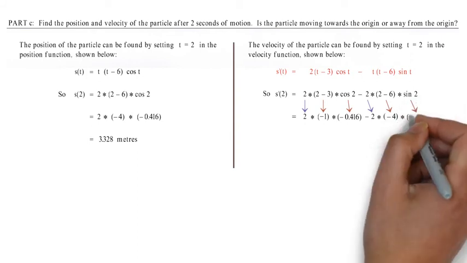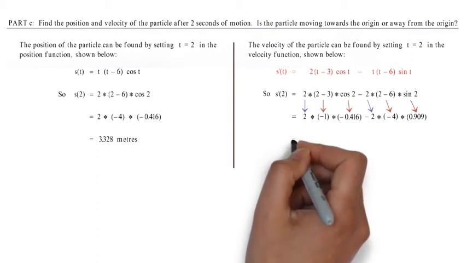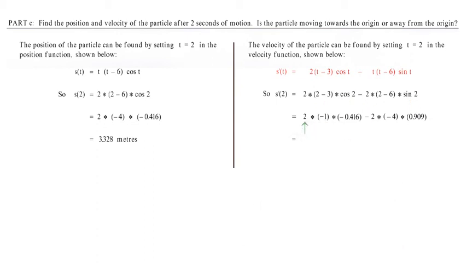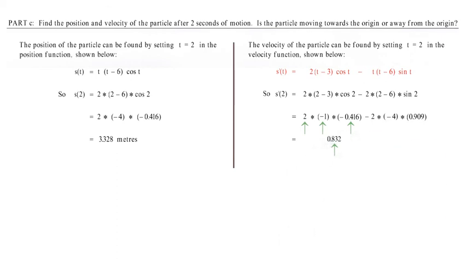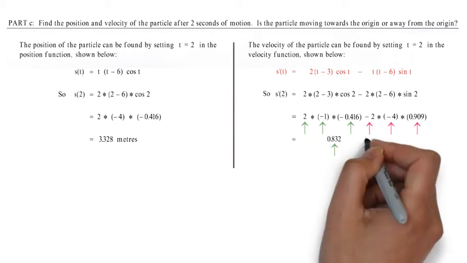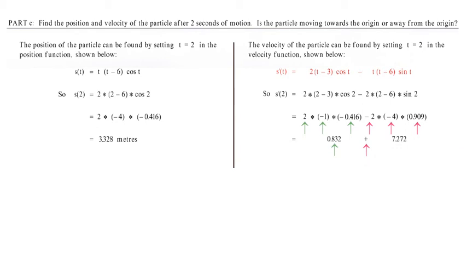which is 0.909. This equals 2 times minus 1 times minus 0.416, which is 0.832, and minus 2 times minus 4 times 0.909 is plus 7.272.